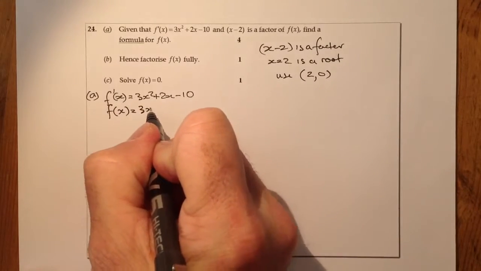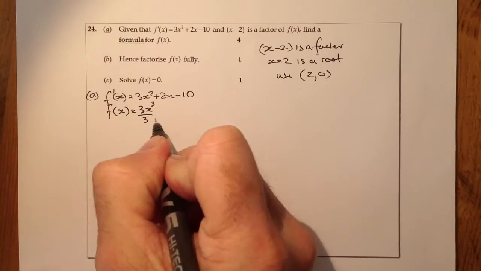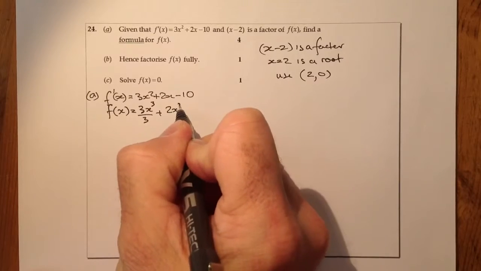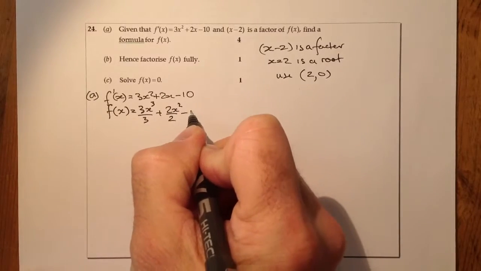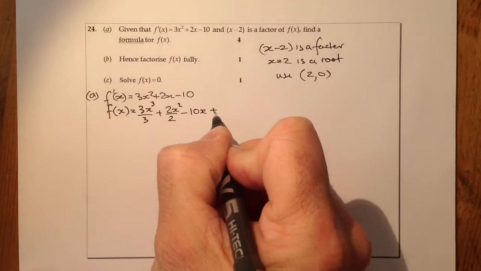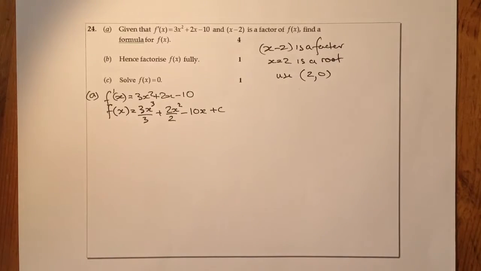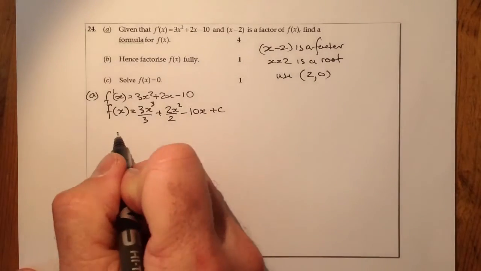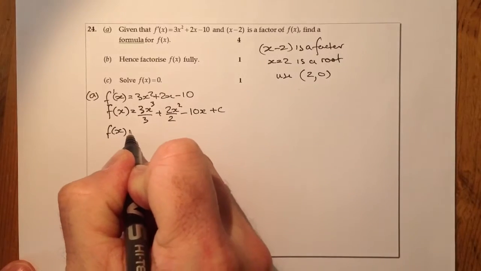So we're going to raise the power and divide by the new power. Raise the power, divide by the new power. Same again, and remember we've got a plus c coming on there, and that there is our general solution. But I really need the particular solution to get my formula for f of x. What I'll do is sort this out a bit so that we can see what that is.